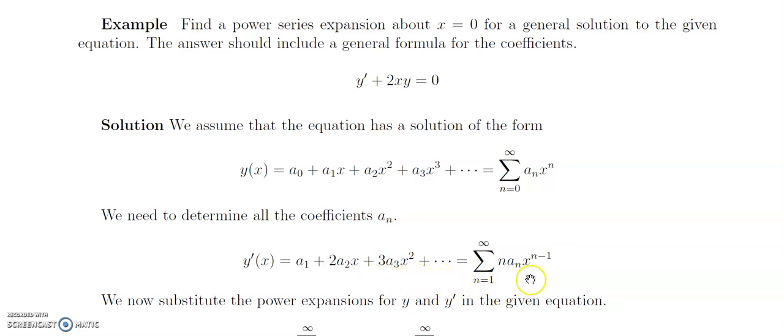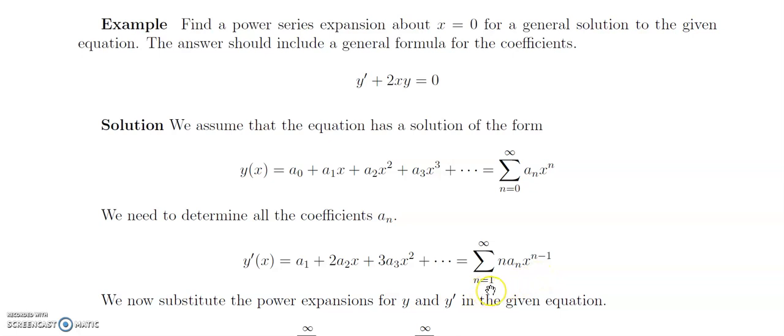So we write this as a sum as n goes from 1 to infinity of n times a sub n times x to the n minus 1. That's like taking the derivative of a n times x to the n with the power rule and writing it n times a n times x to the n minus 1.